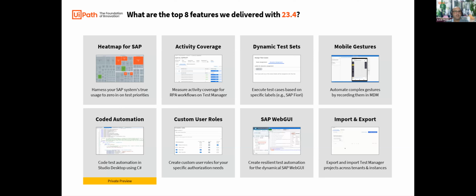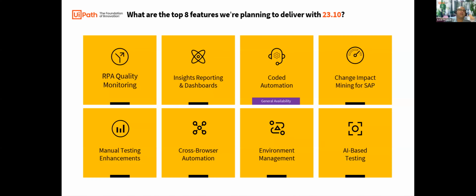The reason for this is that a lot of customers wanted to use enterprise-level coding as part of their workflows, because they're comfortable with coding and want to do specific, detailed coding around their automations. This capability is now built into UiPath Test Suite. At the moment it's in private preview, but when we get to 23.10, we're going to have that as a GA capability.